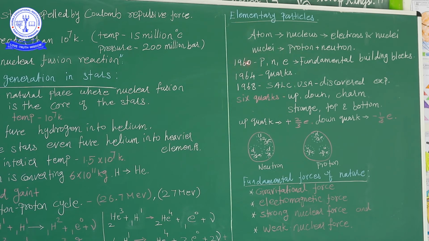In 1960, the proton, neutron and electron were considered the only fundamental building blocks of the atom. Later, in 1964, it was realized that the proton, neutron and electron are not the only particles in the atom; there are remaining particles, that means quarks.